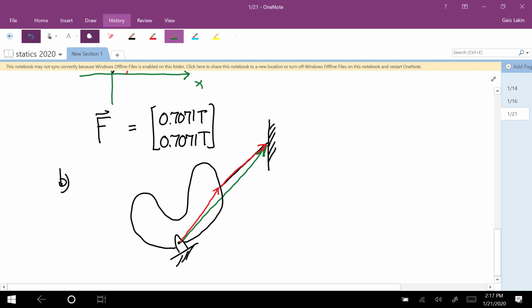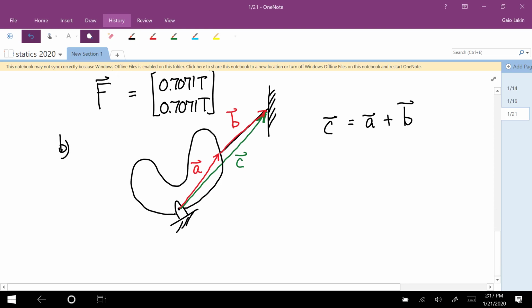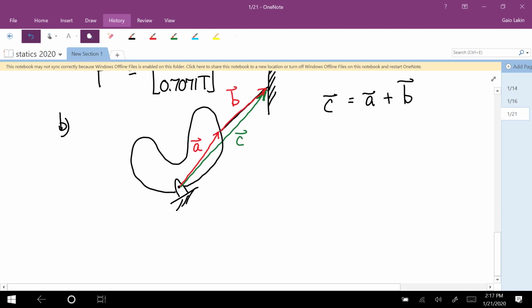If I call this vector A and this vector B, and the green one vector C, then C, the one we're looking for, is A plus B. A we can figure out because we have coordinates for those two points.